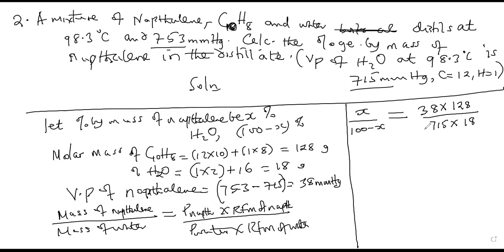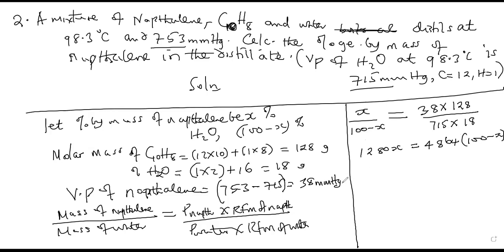So if we cross multiply, we shall have 715 times 18 is 1,280. We shall have 1,280 X is going to be equal to 38 times 128, which is 4,864, into 100 minus X.